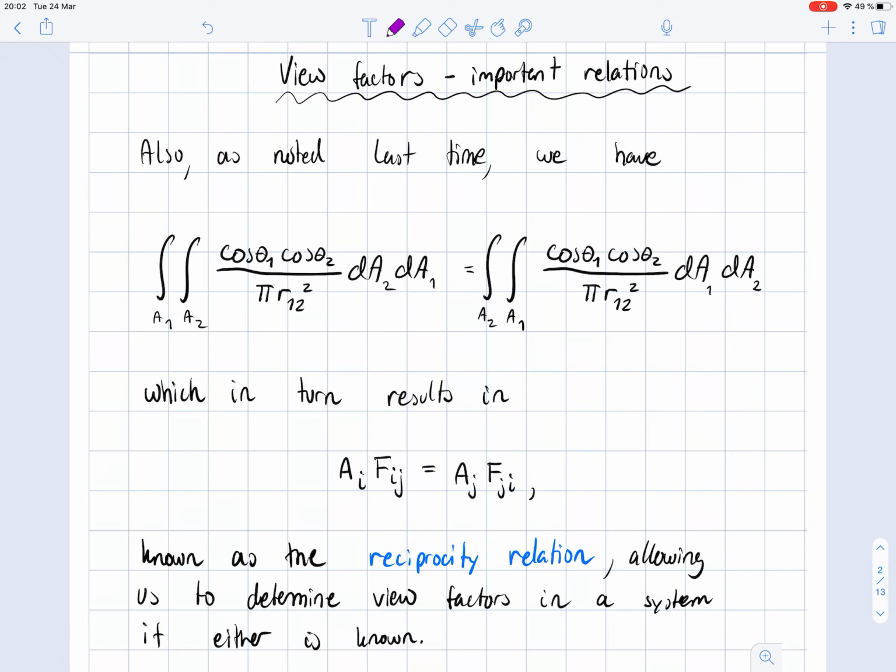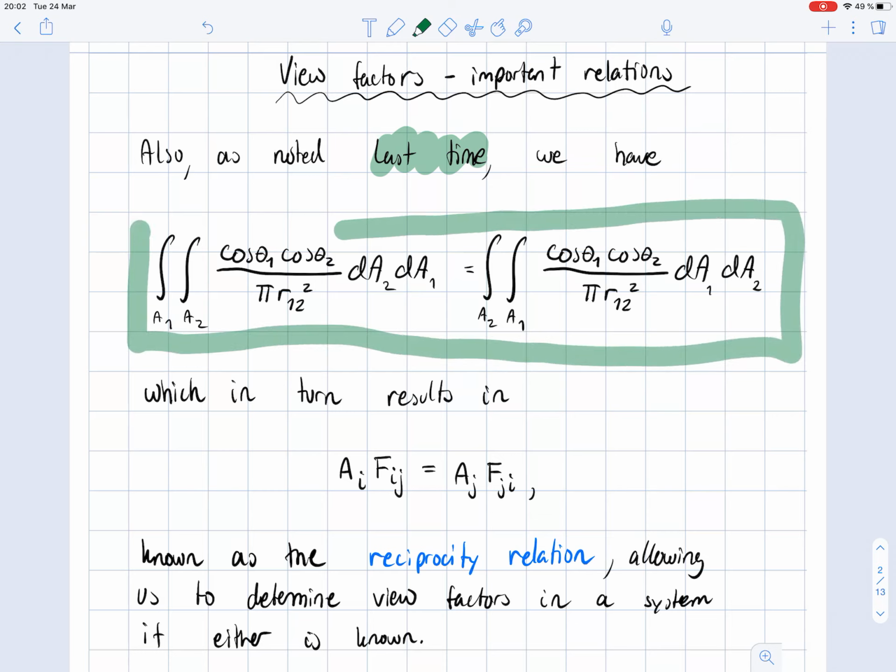Last time, we also observed that the two integrals, if you change the order of integration, you get the same value. I already mentioned this as well. That means that if we multiply the view factor Fij with the corresponding area Ai, that should be equal to Aj multiplied with Fji.